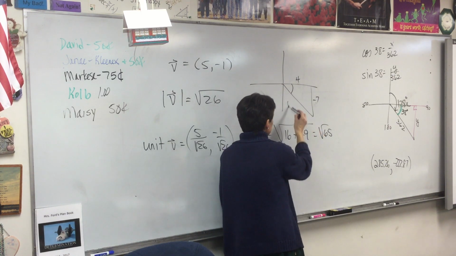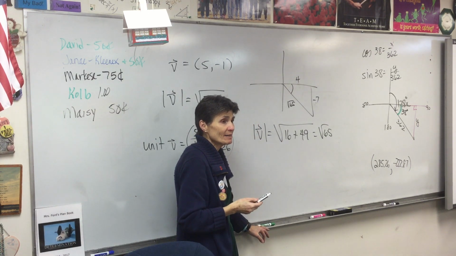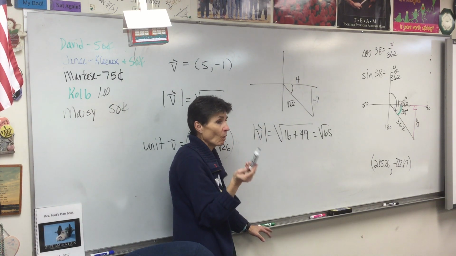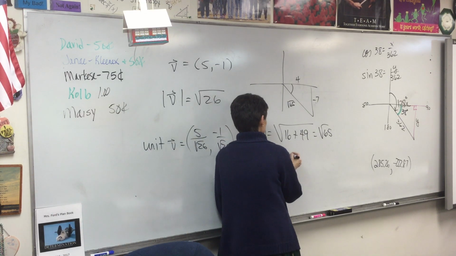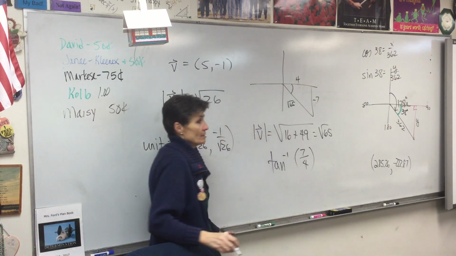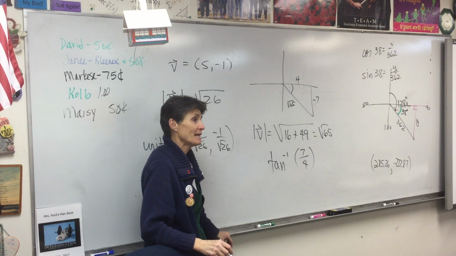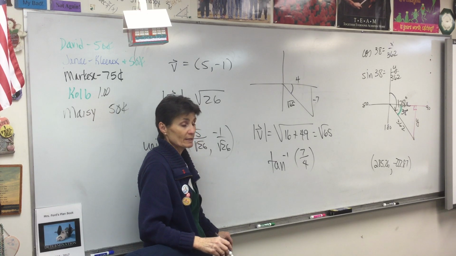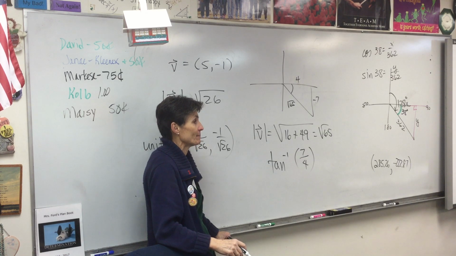If you want to use the root 65 and do something else, that's fine, but you always have x and y, so let's just use tangent. So inverse tangent of 7 over 4. If you want to put the negative in, that's fine. Your answer will never be negative to this problem, though. So even though it's going to give you a negative answer, don't write it down, because your answer is not going to be negative.